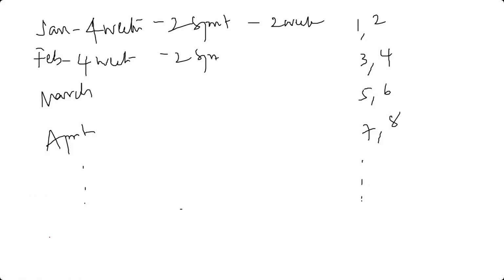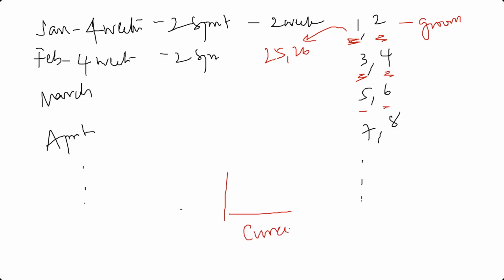If you look at the stories which are brought into sprint 1 and 2, they may be groomed in last year's sprint 25 and 26. The stories which they have brought into sprint 3 and 4, they'll groom during sprint 1 and 2. So the point is, if you are sitting in the current sprint, the stories of the next two sprints are groomed now.